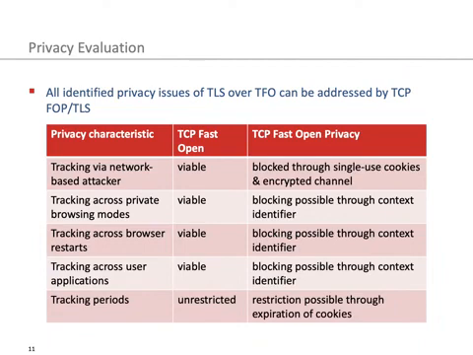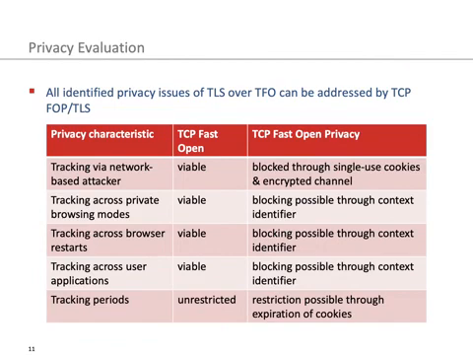Tracking across browser restarts is addressed by either using such a context identifier as well, or I assume that the browser will clear the TLS cache anyway during the browser restart and thus also destroy the cached TCP Fast Open cookies.